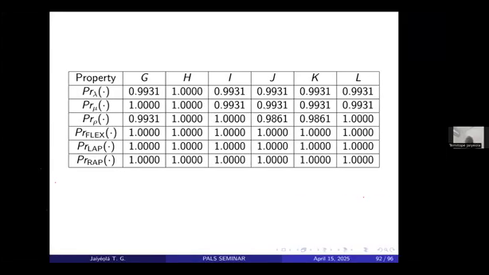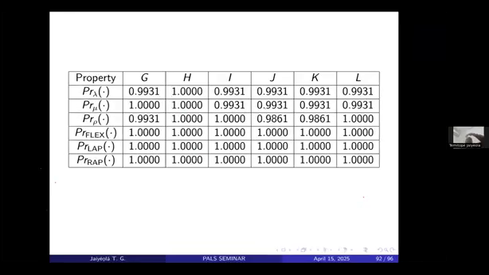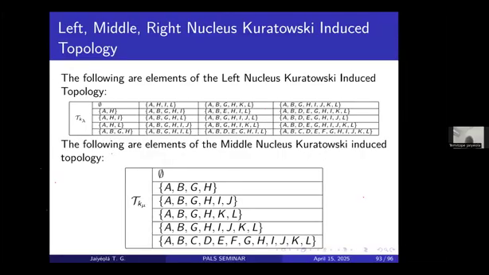And the properties of the others are also given here. H, as you can see, is another element that has a probability of 1, all true. And we believe that these observations probably have some chemical reaction interpretation.